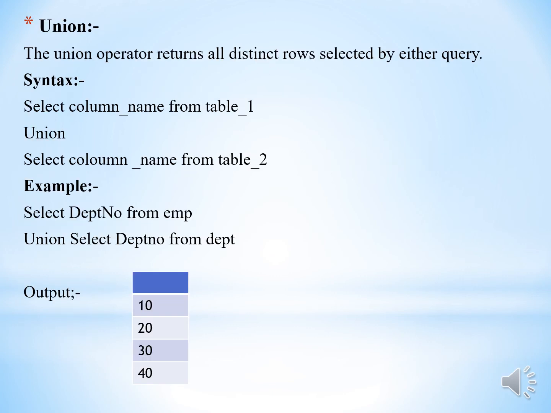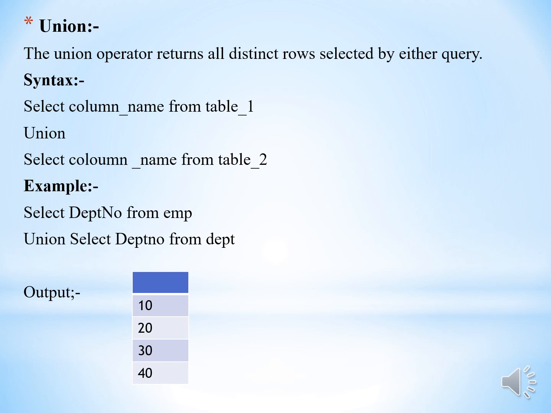Next is the UNION operator. The UNION operator returns all the distinct rows selected by either query. The syntax: select column name from table 1, UNION, select column name from table 2.